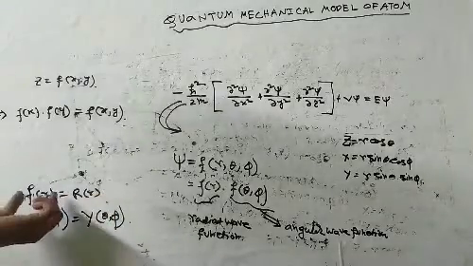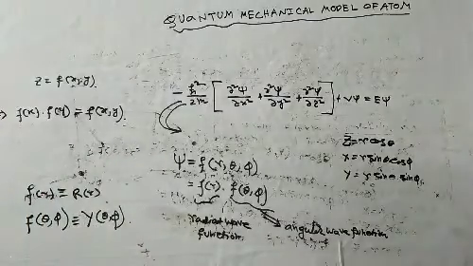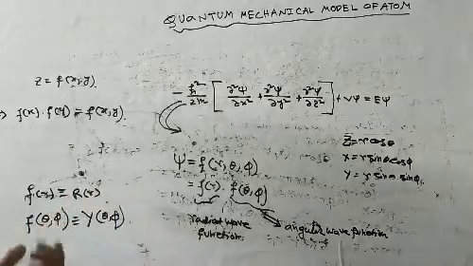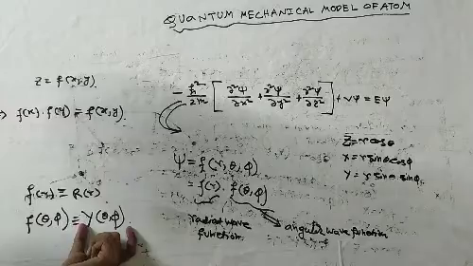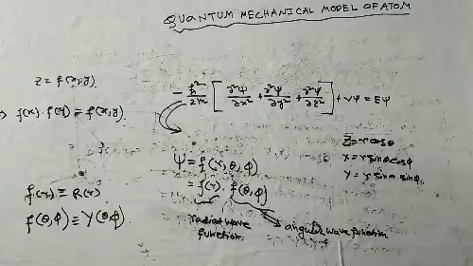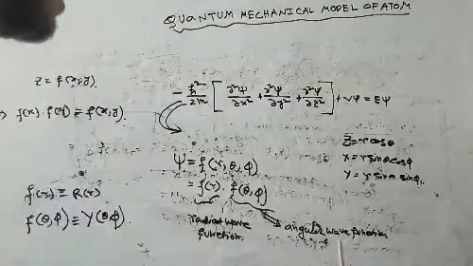So f of r is equivalent to R of r, because this is the bookish terminology, and f of theta and phi is equivalent to Y of theta and phi. So this is called the radial wave function, and this is called the angular wave function.